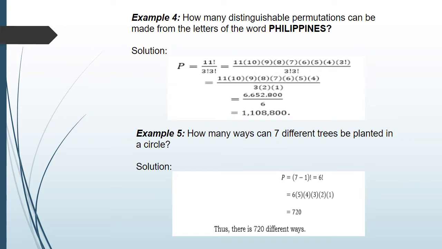Example 4. How many distinguishable permutations can be made from the letters of the word Philippines? Solution.